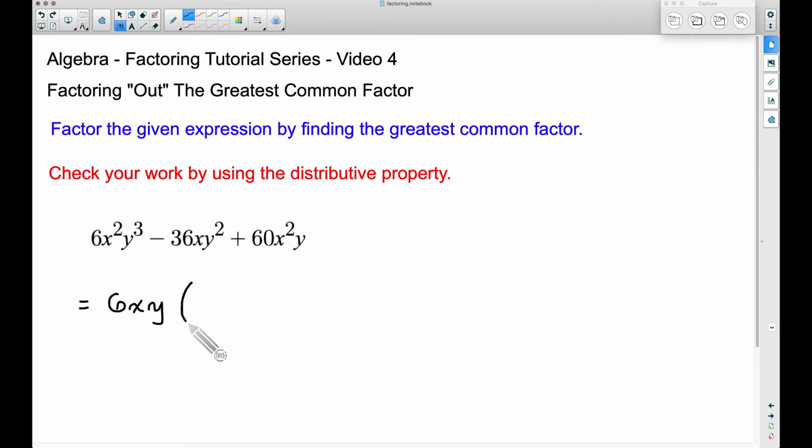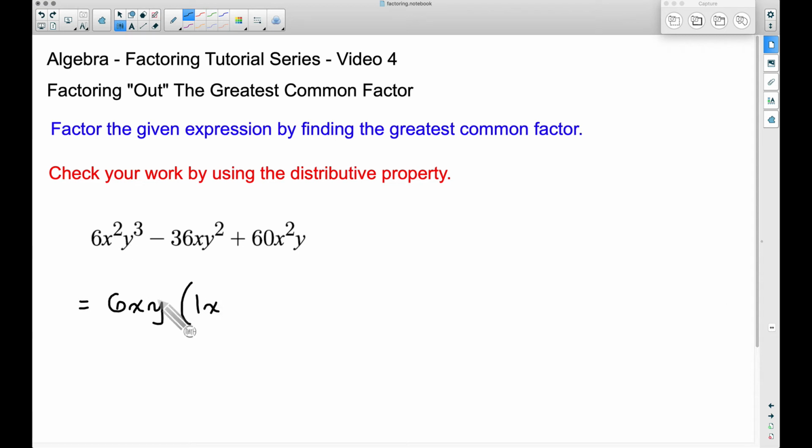Now, if we reverse the distributive property, we want to ask ourselves, 6 times what will give us that 6? Well, that's a 1. You don't have to put that down, but I'm going to write it there anyway. We have an x, and we have to multiply by something to get x squared. Well, x times another x will give us that x squared.